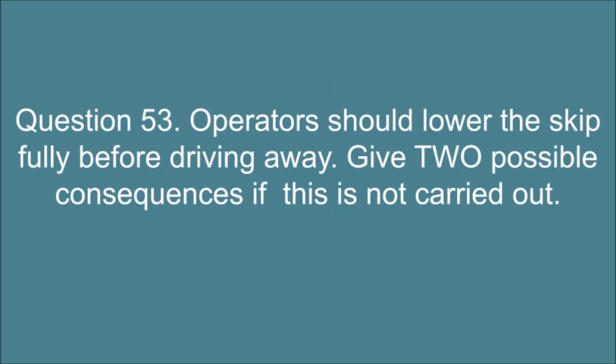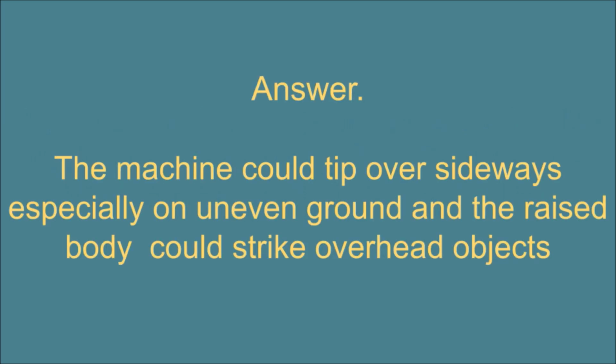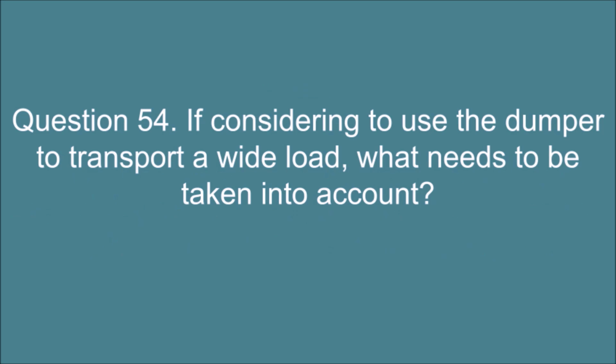Question 53. Operators should lower the skip fully before driving away. Give 2 possible consequences if this is not carried out. Answer: the machine could tip over sideways, especially on uneven ground, and the raised body could strike overhead objects. Question 54. If considering to use the dumper to transport a wide load, what needs to be taken into account?